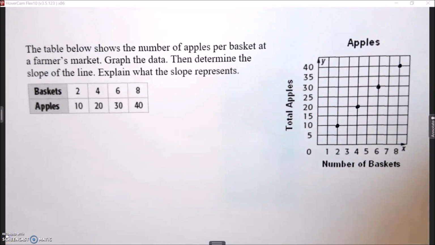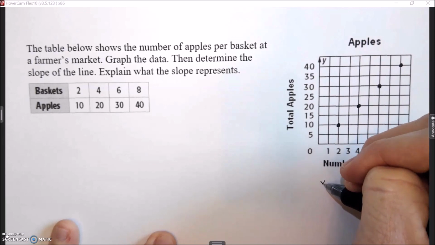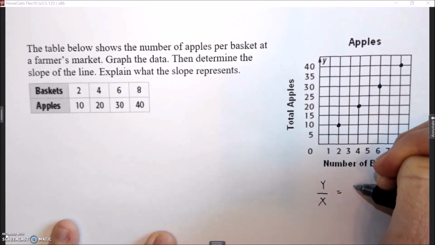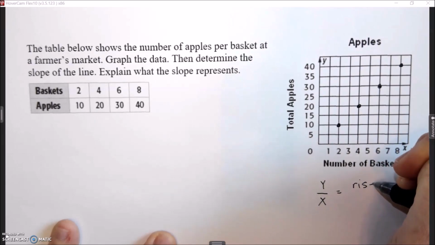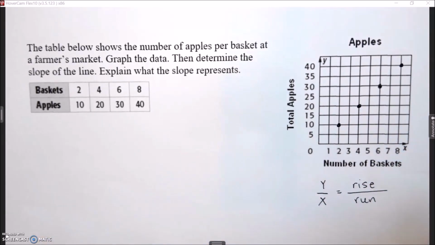Okay. Instead of finding the slope by using the graph, which is what we've been doing, guys, we've been doing the change in y over the change in x, which is the exact same thing as saying rise over run. We will do that, but we're going to try a different way first.